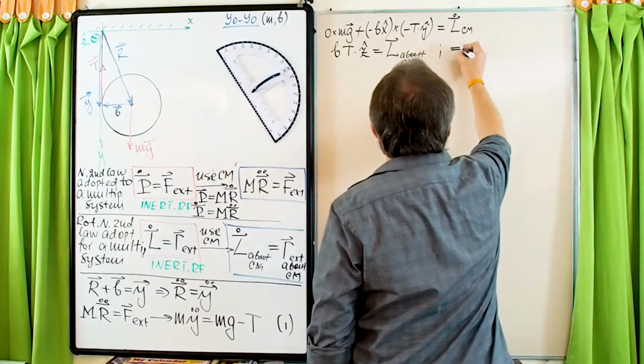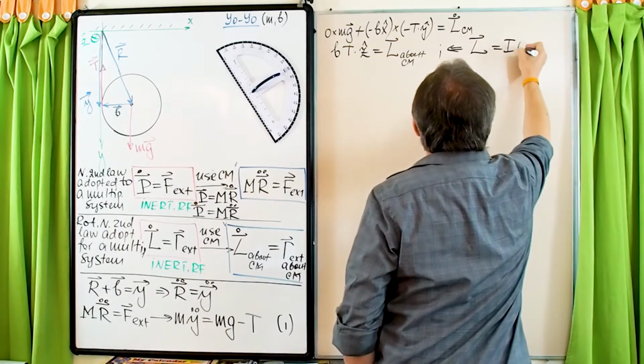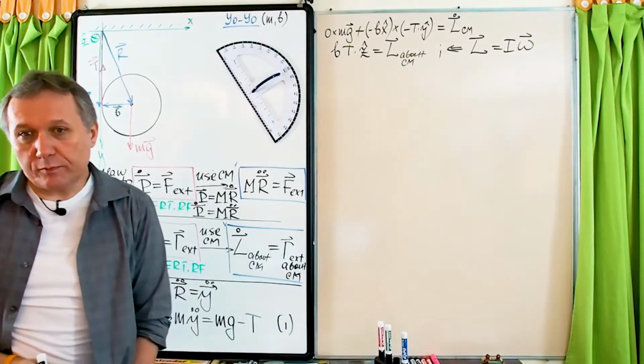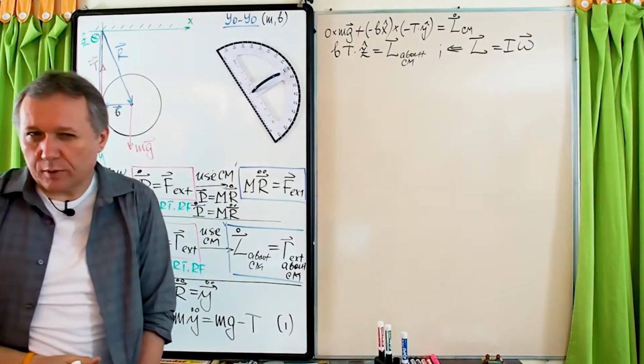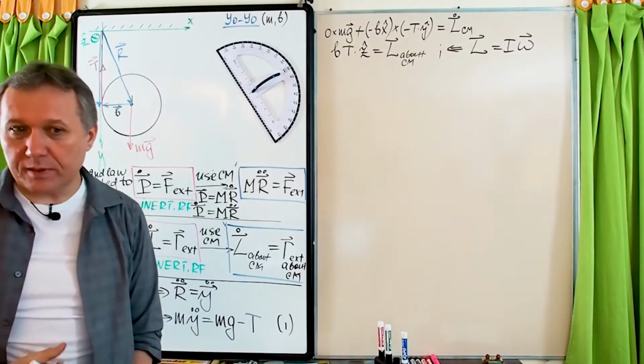So we're going to use L equals I omega. The moment of inertia of a disk is one half m b squared, because b is the radius.